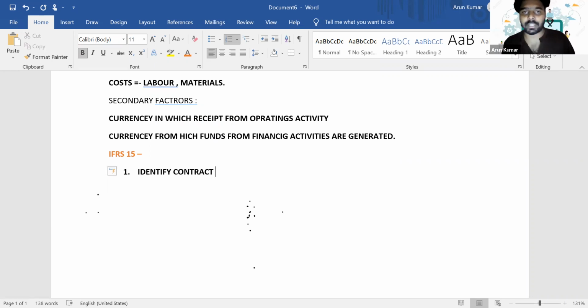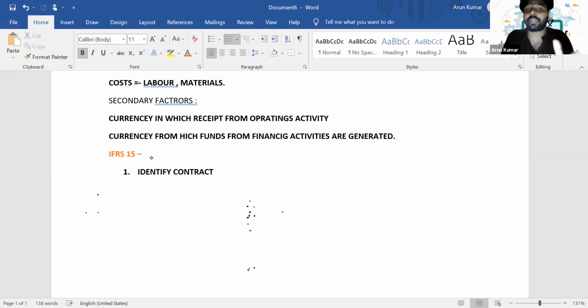So let's say you are going to purchase a car. You'll have an agreement with your supplier. In that particular contract, they will explain the rights and responsibilities of both parties, the terms of the payment, and whether it is probable that they will receive the consideration, and they should have a profit element.